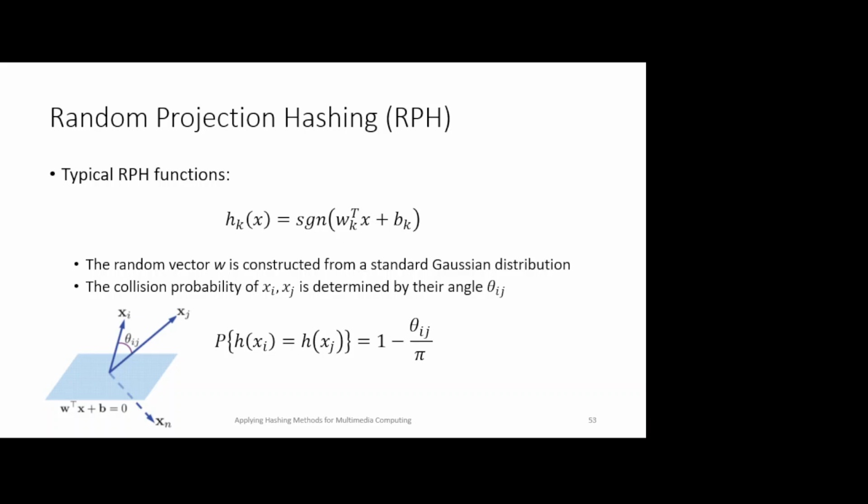So the probability that the two vectors xi and xj have the same bit according to the h function is equal to 1 minus theta ij, their angle, divided by pi.